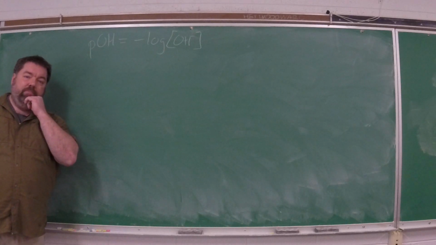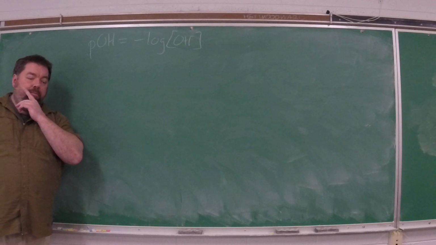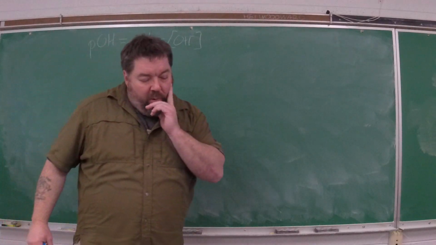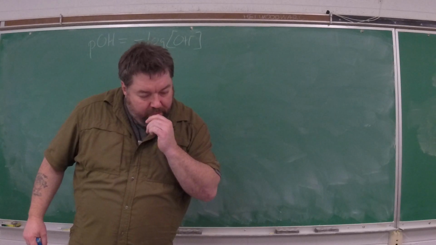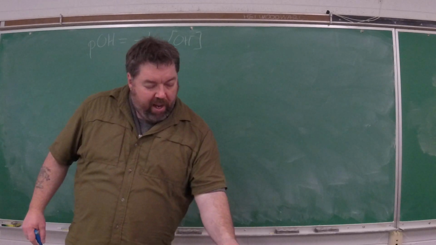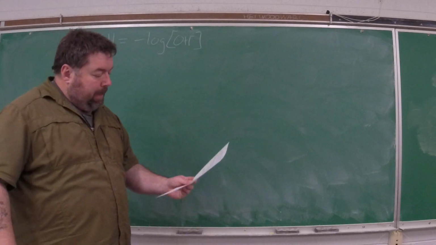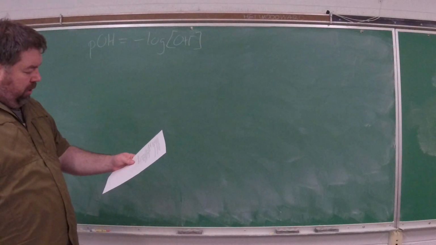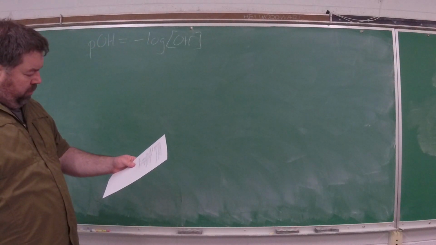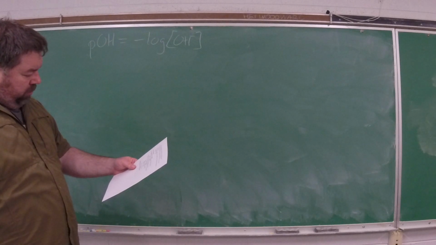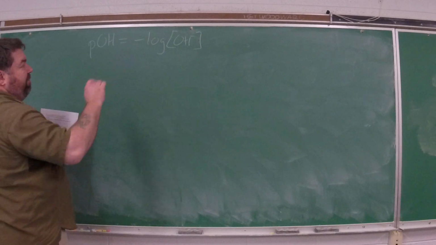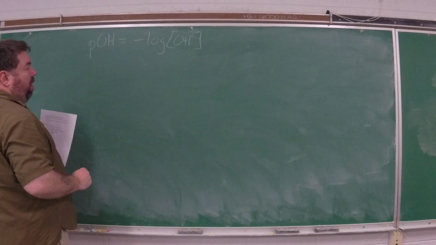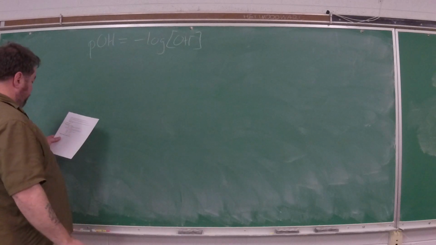That's the pOH. Without going into too great of detail here, should I go through that? I guess I'll go through that. All right, so we have that, and then we have the pH equals minus log of H plus.